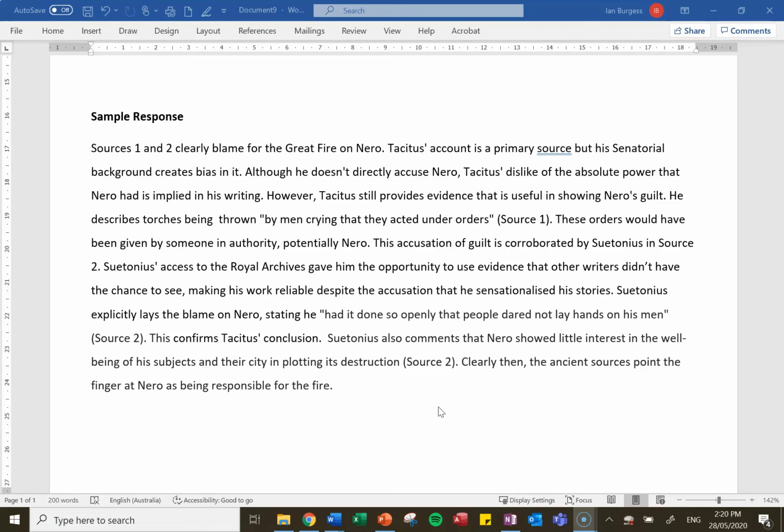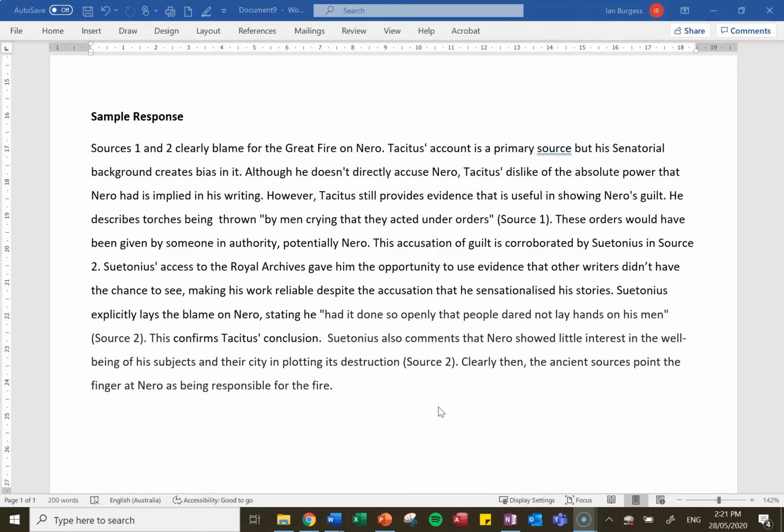So that use of the word explicitly there again signposts that I'm utilising another one of those features of evidence that are so important to us in analysis, and in this case, evaluation, and that it clearly links the source to showing that Nero was to blame for it. Then I go on to say this confirms Tacitus's conclusion.